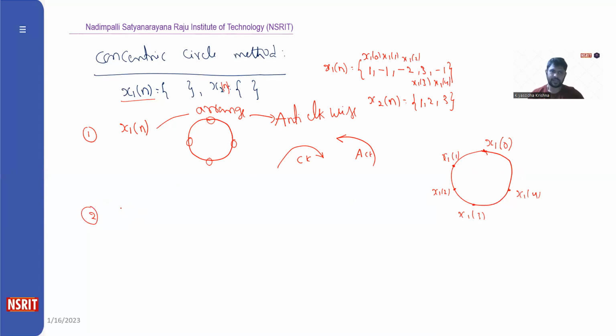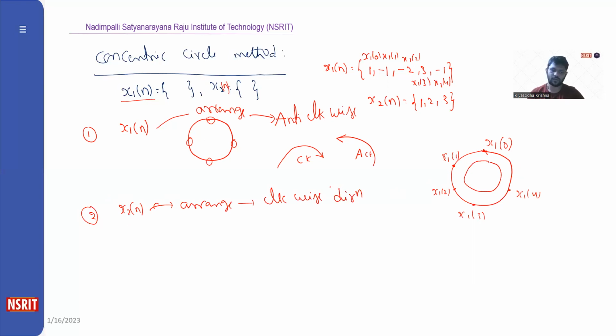The second step is to take x2 of n and place it on the inner circle of the outermost circle. This is my innermost, so I make it one innermost circle and arrange in a clockwise direction. That is the only thing we have to remember: the clockwise direction.